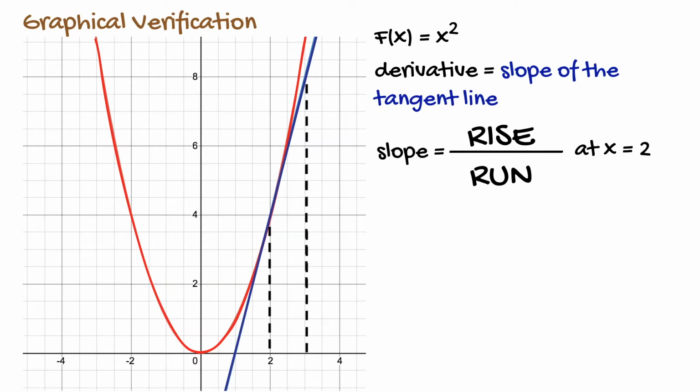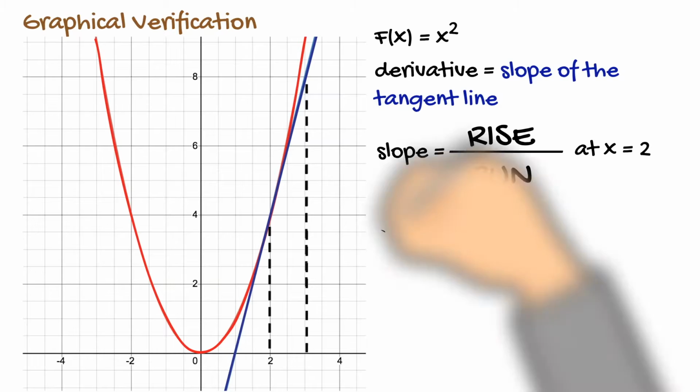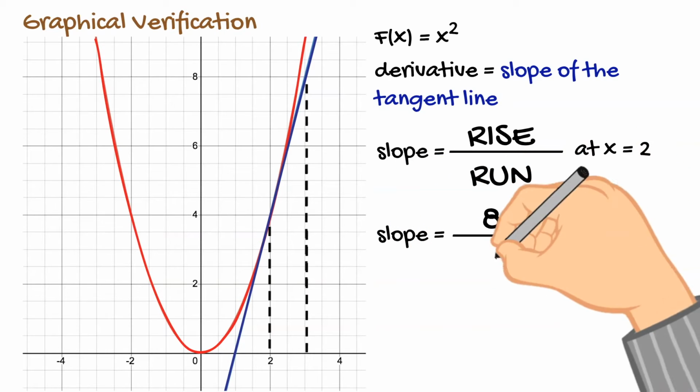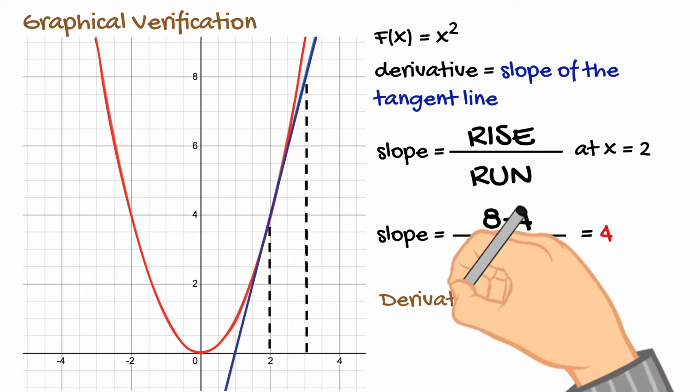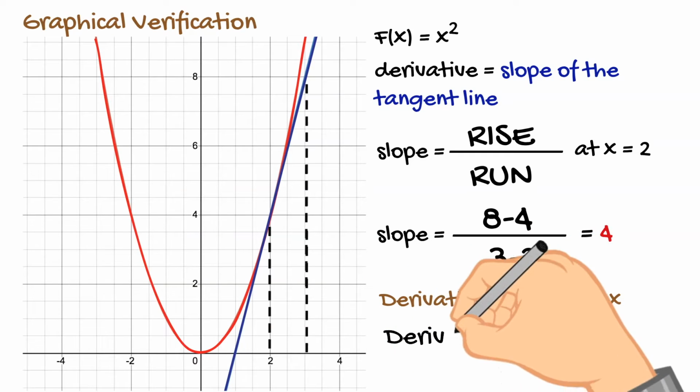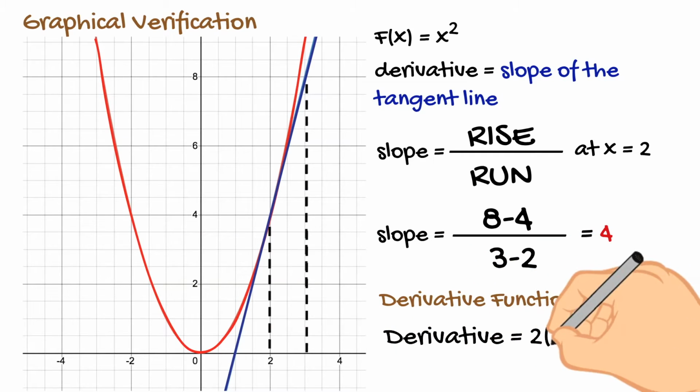Graphically, we can use the rise over run formula to calculate the slope of the tangent line and find that at x equals 2, the slope of the tangent line is 4. Verifying this with our derivative function, we can see that the derivative at x equals 2 is equal to 2 times 2, which is also 4.